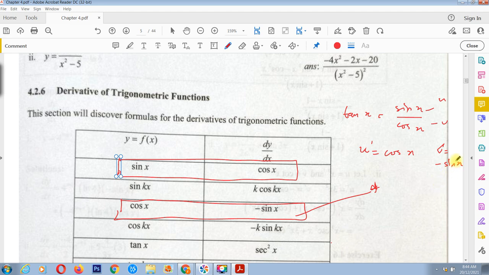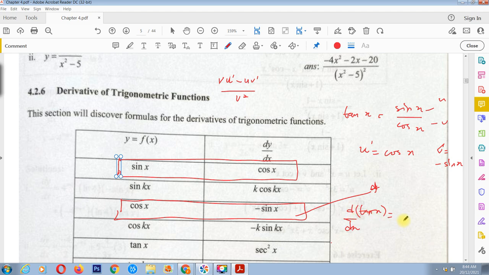Okay. So differentiate tan x with respect to x. Okay, so equals to, the formula is we start with v u prime minus u v prime over v square.